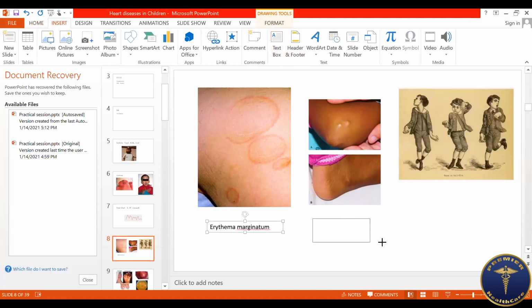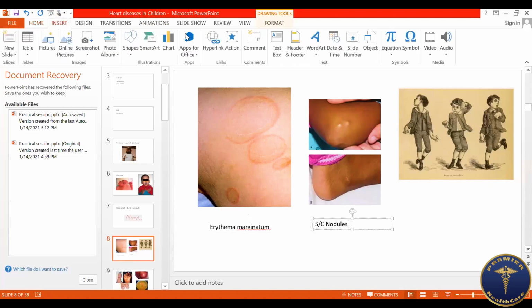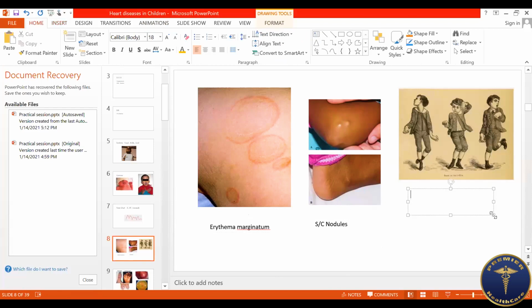And then you can see a few nodules just under the skin. So these are called subcutaneous nodules, right? And this child, the third child, you can see that he can't maintain one posture. He is dancing this way and that way, right? So this is called chorea. Sydenham's chorea.